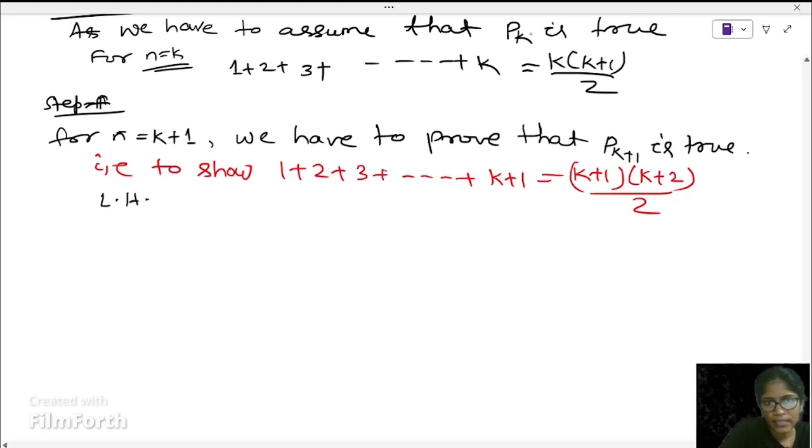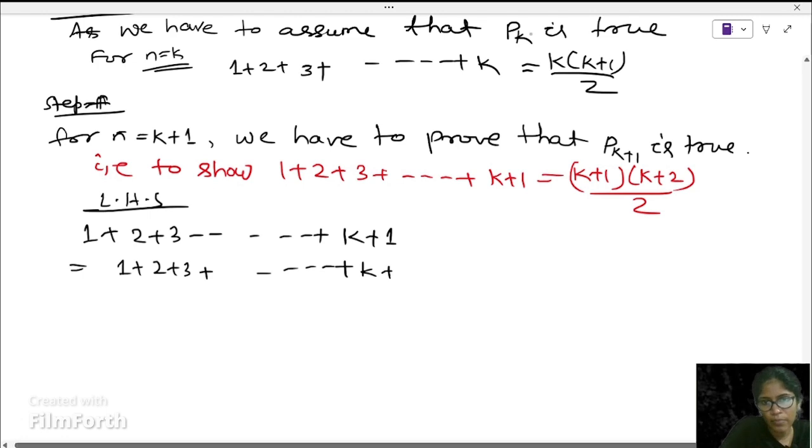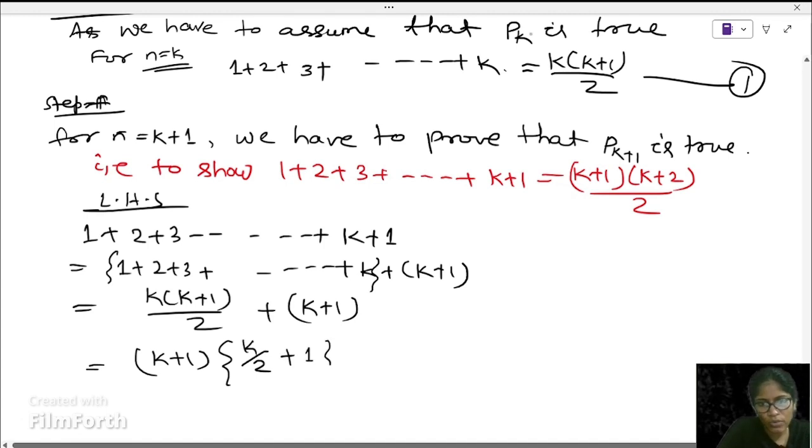Now taking the left hand side, which equals 1 plus 2 plus 3 plus up to k plus 1. We can write this as 1 plus 2 plus 3 plus up to k, plus k plus 1. From the assumption, 1 plus 2 plus 3 plus up to k is equal to k into k plus 1 by 2. So we can put here k into k plus 1 by 2 plus k plus 1. Taking k plus 1 as common from both terms, we get k plus 1 into k by 2 plus 1.